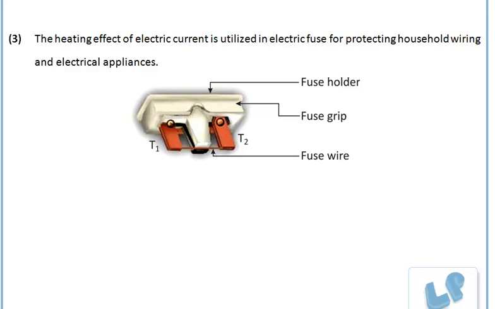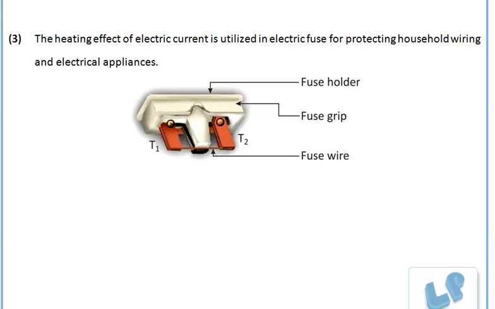Now sometimes, for any reason, the current in a household electric circuit rises too much. Then the fuse wire gets heated too much because it has very high resistance. It melts and the circuit is broken, right? And if the circuit is broken, then the current stops flowing.